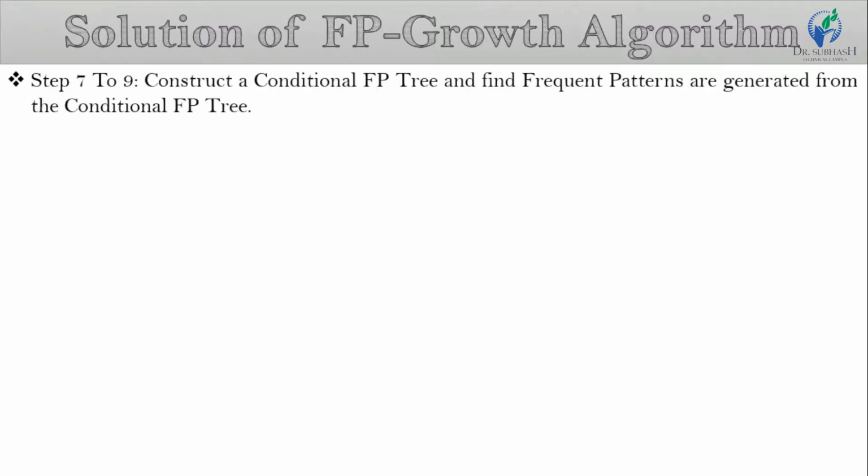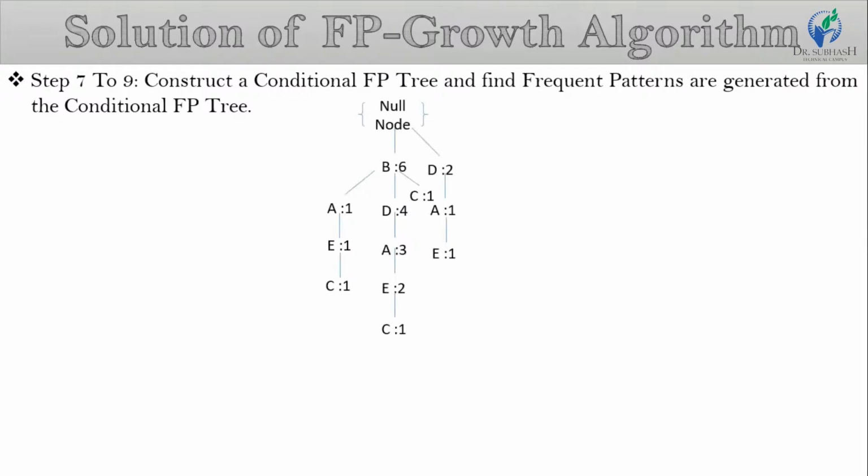Now I explain steps 7 to 9, which are constructing a conditional FP tree and finding frequent patterns generated from the conditional FP tree. Now see the final FP tree, which includes all the transactions.